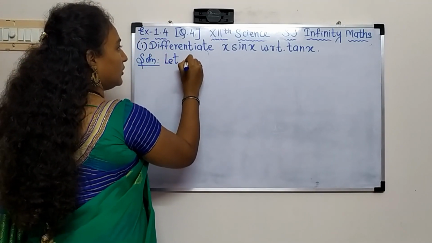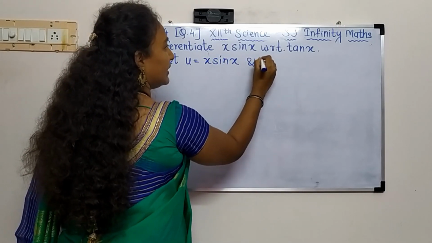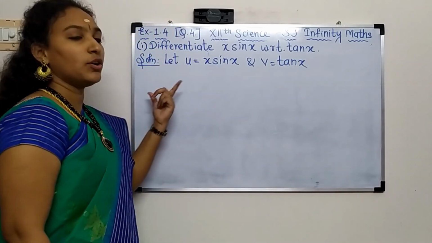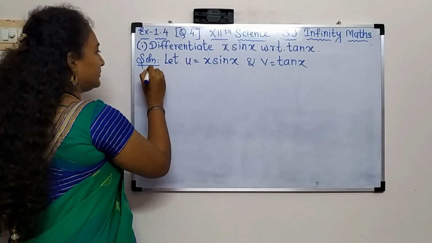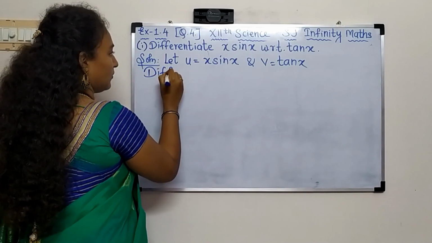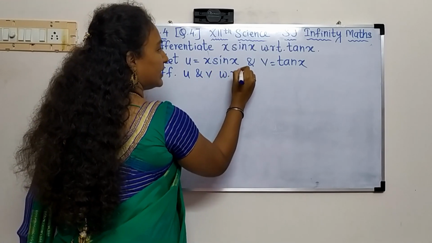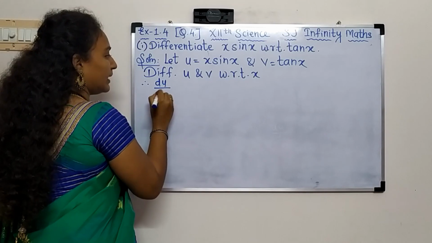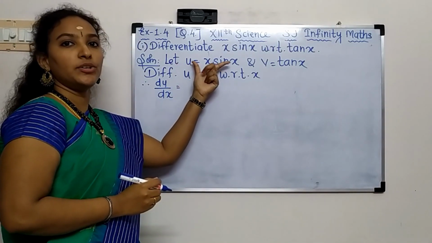Let u is equal to x sin x and v is equal to tan x. Now we are going to differentiate u and v with respect to x. Therefore, du by dx is equal to, see, we have u equal to x sin x.